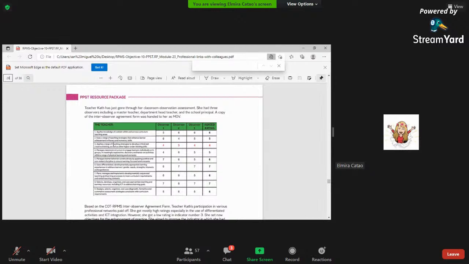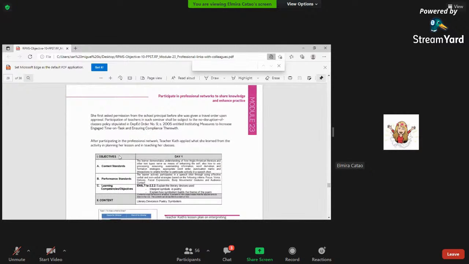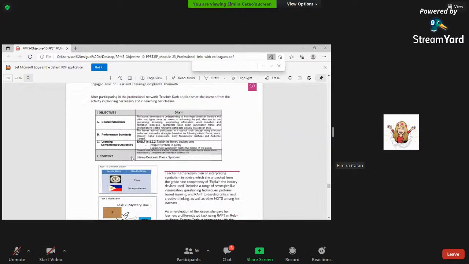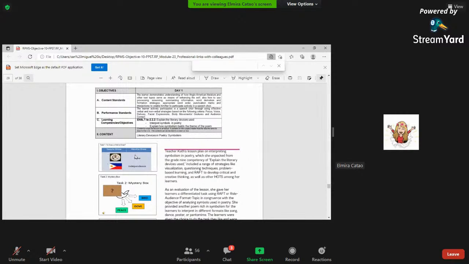Here, after participating in the professional network, Teacher Kat applied what she learned from the activity in planning her lesson in teaching her class. So ito na yung lesson plan niya. Nandyan ang parts, no? Makikita dyan. Then, she had another observation.